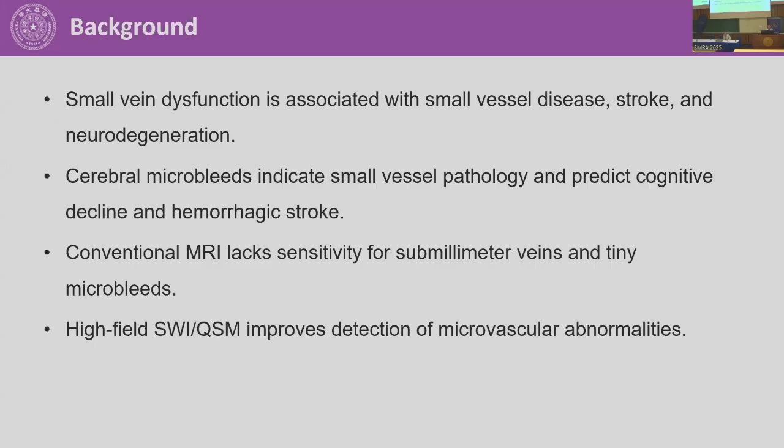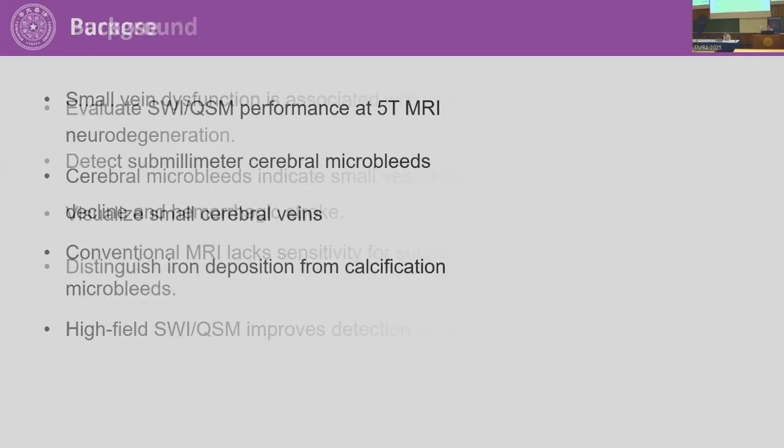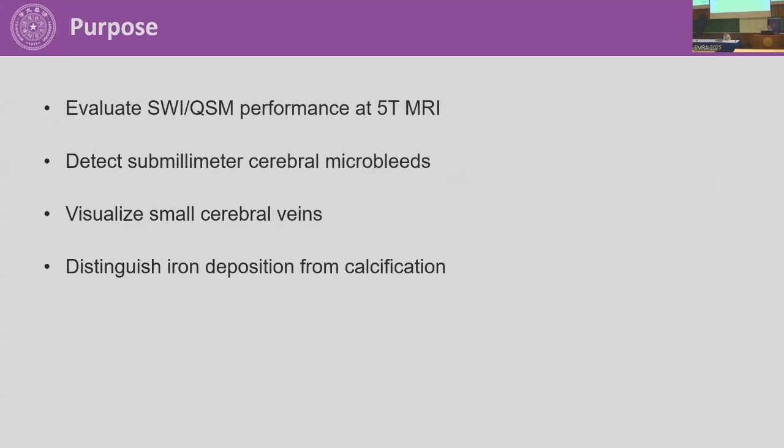Therefore, ultra-high field SWI and QSM can improve the detection of those abnormalities. So the purpose of this study is to evaluate SWI QSM performance at 5T and compare with 3T. We want to detect sub-millimeter microbleeds and small veins.